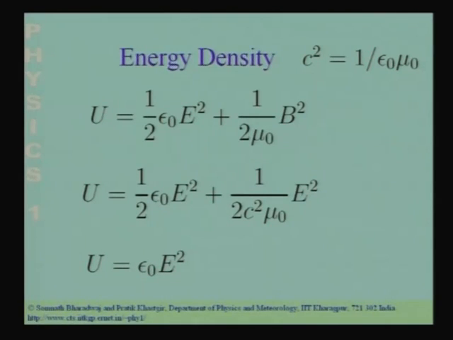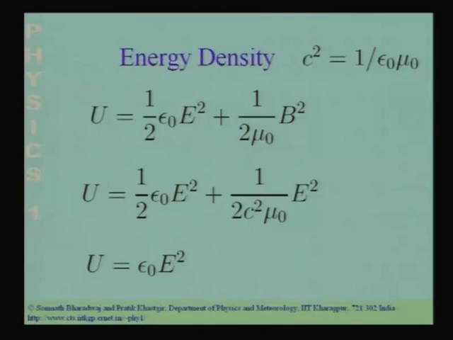So, let us just go back to the situation. We have an oscillating dipole, or we have a charge going up and down at an angular frequency omega. This produces an electric field far away, which also oscillates at exactly the same angular frequency. The magnetic field is also oscillating at the same frequency. Now, the instantaneous energy density in this electromagnetic field, we just calculated, is epsilon naught into E square.